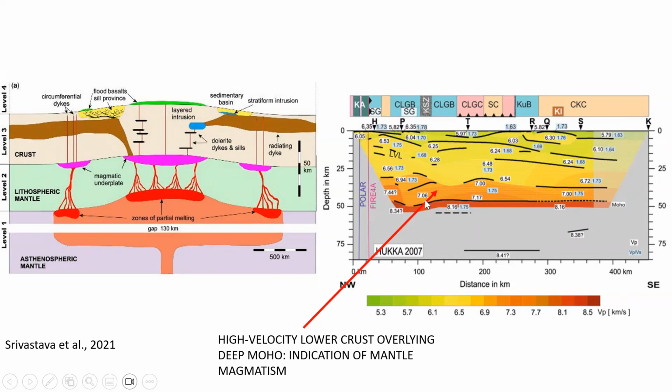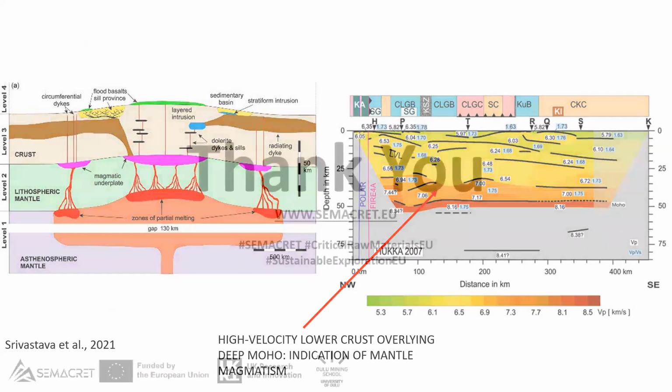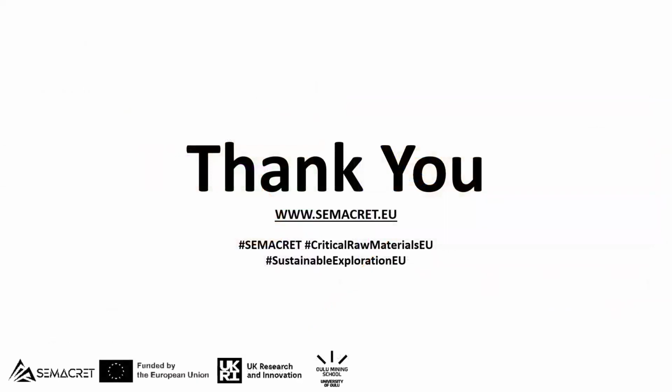And it's empirical knowledge that wherever we have such high velocity lava crusts in northern Finland, that's where we have most of the layered mafic intrusions. So this might support what the numerical modeling is already showing us. So next, we might want to map these horizons and use that as a crustal architecture component in our prospectivity modeling. So thank you for now, and hopefully we'll have better results in the future.